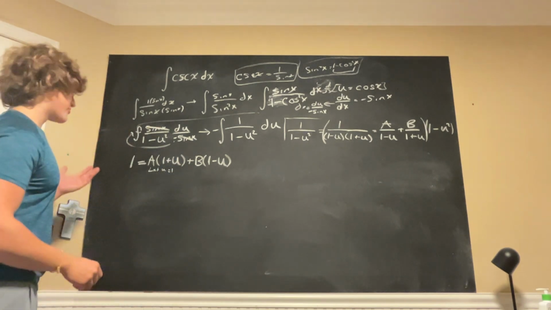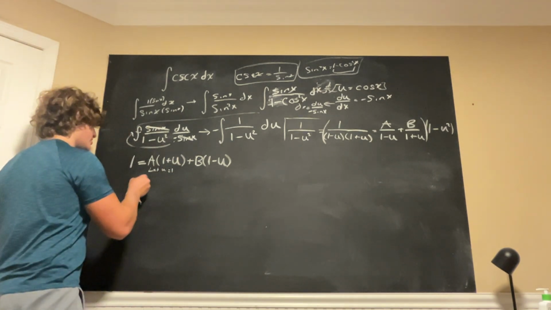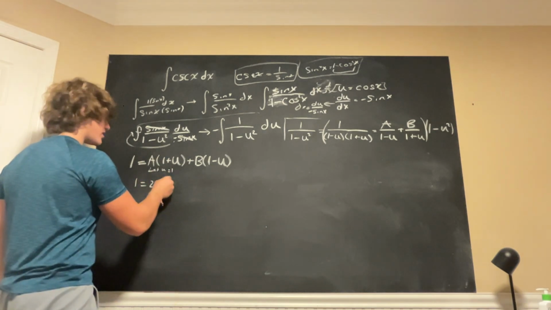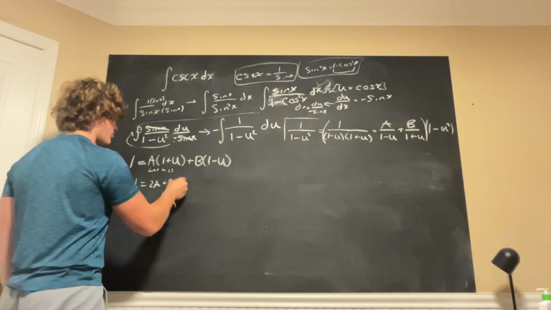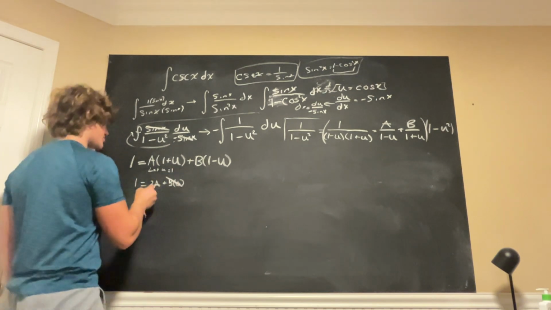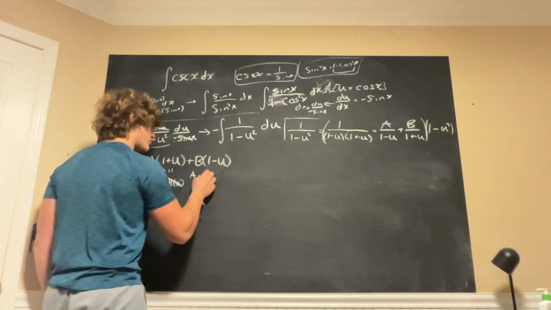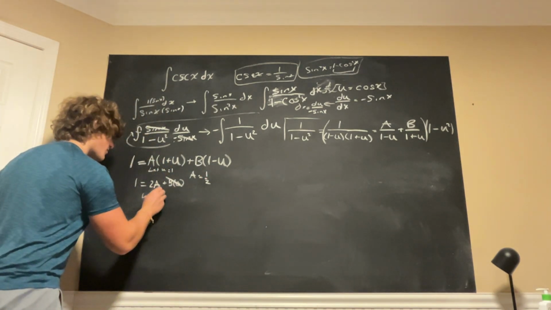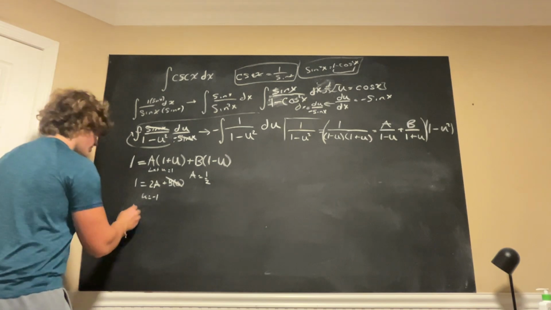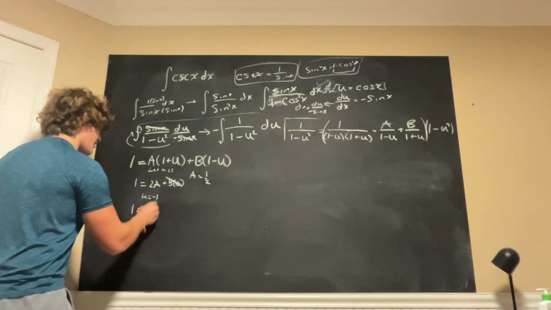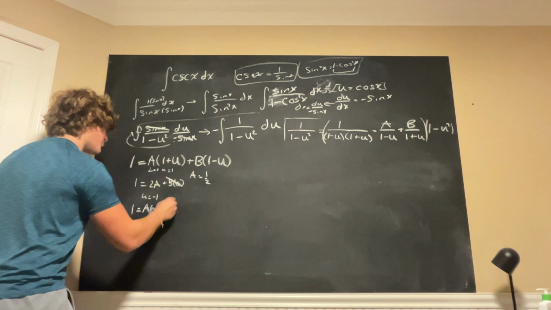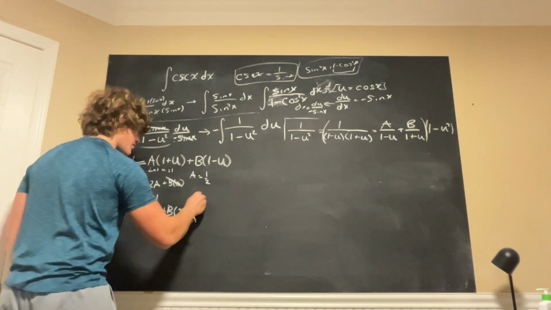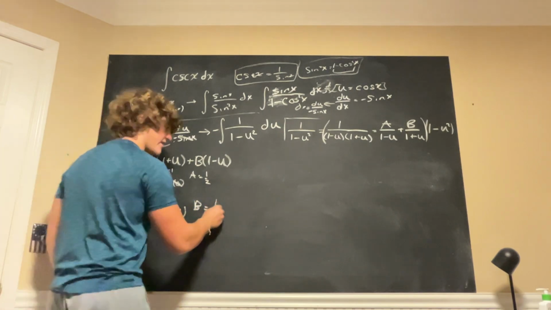Since this is true for all values of u, this becomes 1 is equal to 2a plus b times 0. So this cancels, and a is equal to 1/2. Now let u equal negative 1. And this becomes 1 is equal to a times 0 plus b times 2. So b is also equal to 1/2.